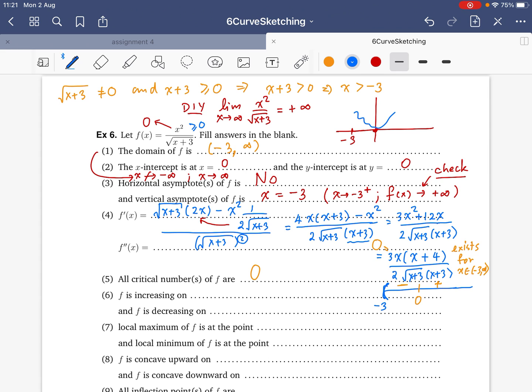It is increasing from 0 onward, so your derivative must be positive, and decreasing from -3 to 0. And do we have a local max? This one's going down and then going up, so we have a valley. So we have no local max, but we have a local min when your x is 0, and if your x is 0, this one will become what?